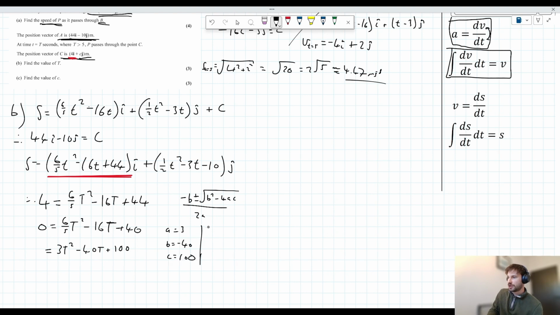When we bung these ideas into our calculator, we have a t value of 10 and an alternative t value of 10 thirds.